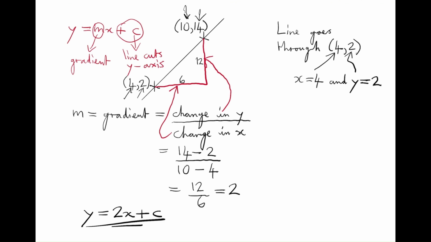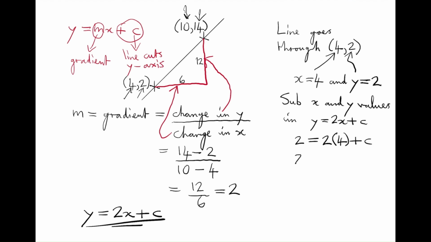So we can take these two values and substitute the x and y values into our equation y equals 2x plus c. So y is now 2, and then we're going to do 2 multiplied by x, which is 4, plus c.